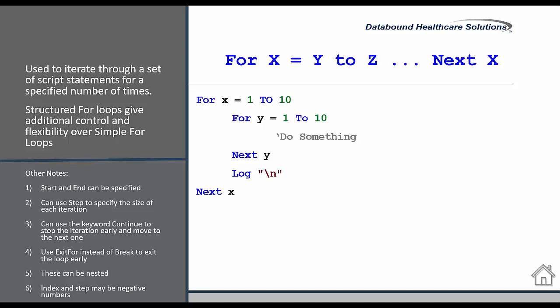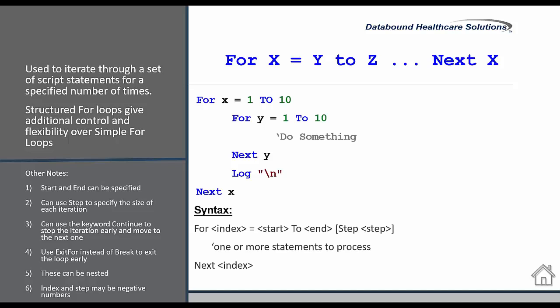These can be nested, and the index and step may be negative numbers. So you can work backwards through a list by using negative numbers. If you said for x equals 1 to negative 10, step negative 1, it would step backwards through your list.